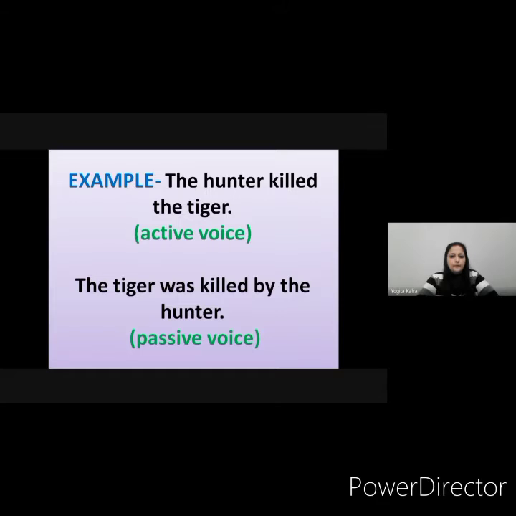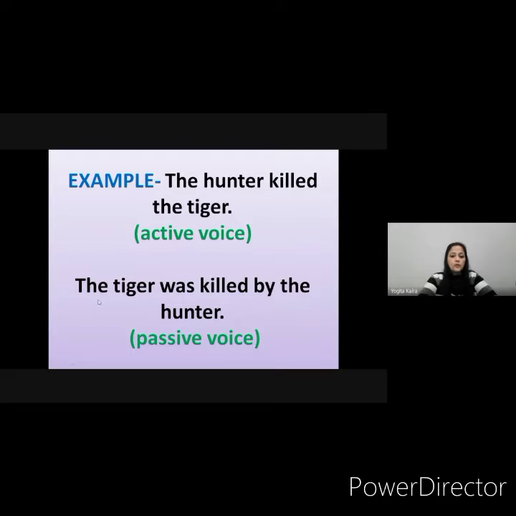For example, the hunter killed the tiger. Here you can see that the hunter is the subject and he's performing an action, killed the tiger. Right. So here the subject is performing an action that is killing the tiger. So the verb is said to be in the active voice. Whereas in the second sentence, the tiger was killed by the hunter.